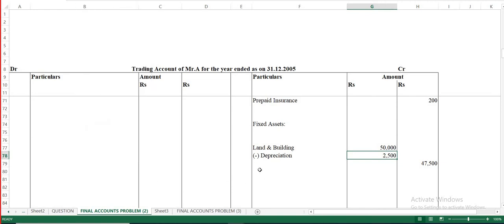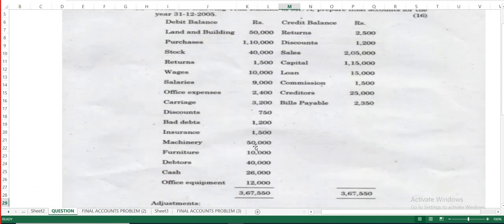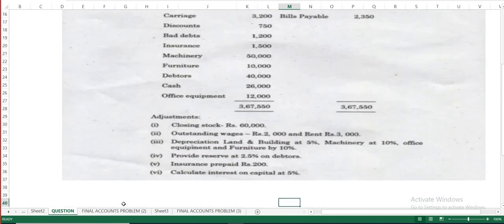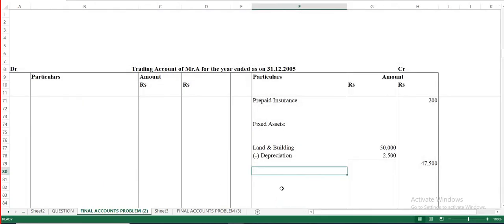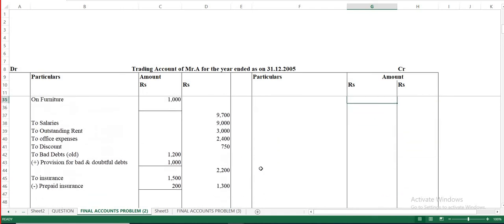Okay, so next is your machinery. So machinery here we have 50,000 and depreciation also already we calculated. Just check it up here, the profit and loss account.